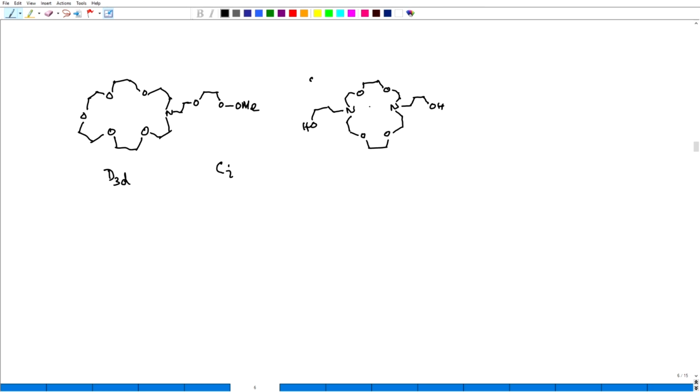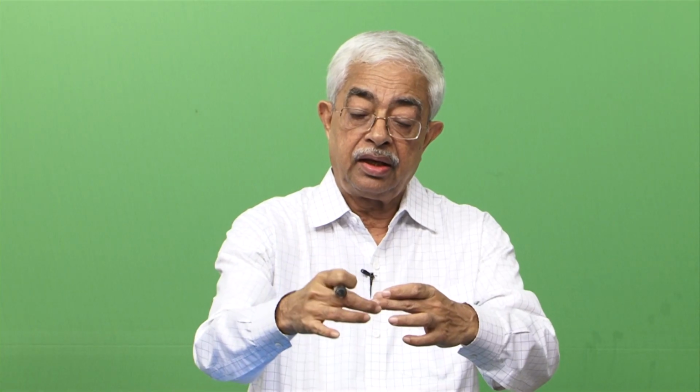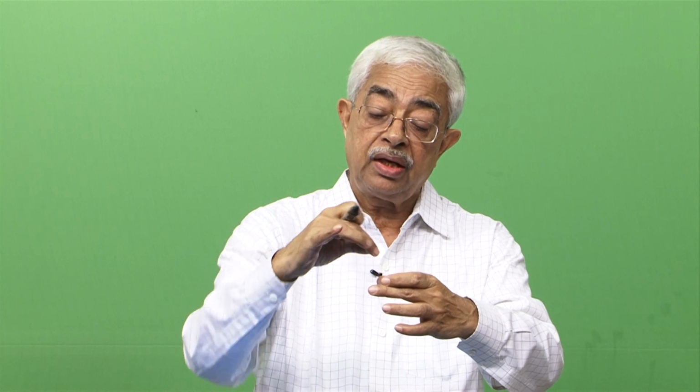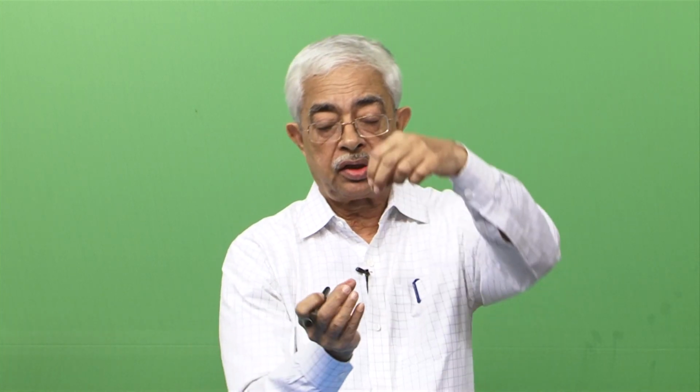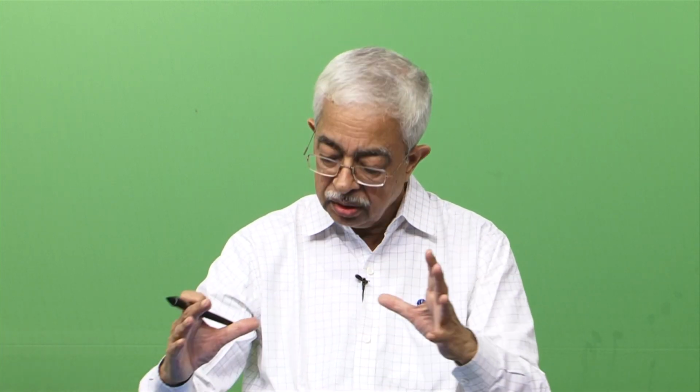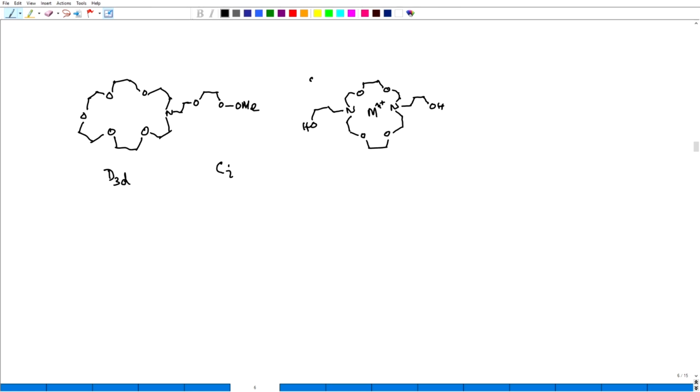So that when some metal is here, an alkali metal, alkali or alkaline earth, then this alcoholic group, this OH group, can come here and hydrogen will go and O minus from top, and this one can go bottom. That means, here is a macrocycle and here is an arm, it can come from here and this arm can come from bottom. So, the top and bottom and these sides all are coordinated, all are safe. So, the metal will become very stable, metal inside this cage.